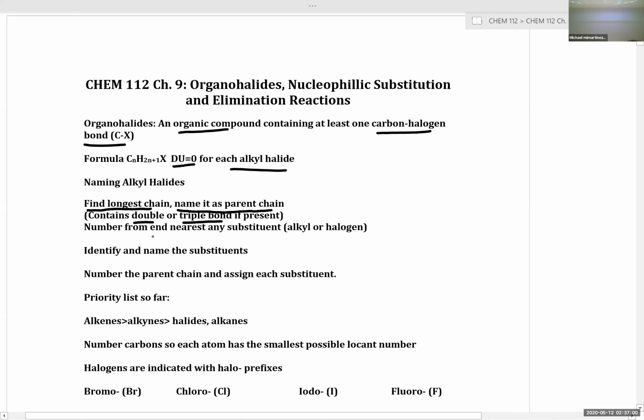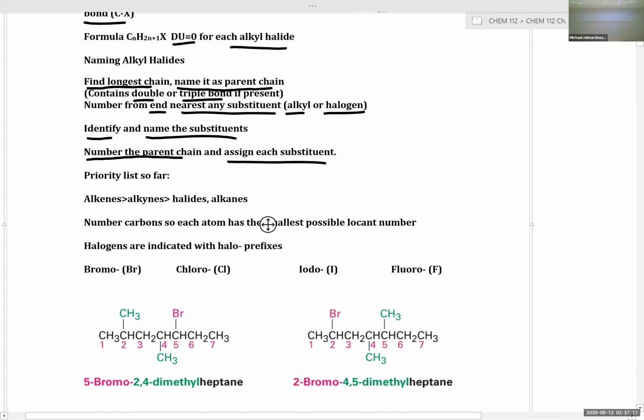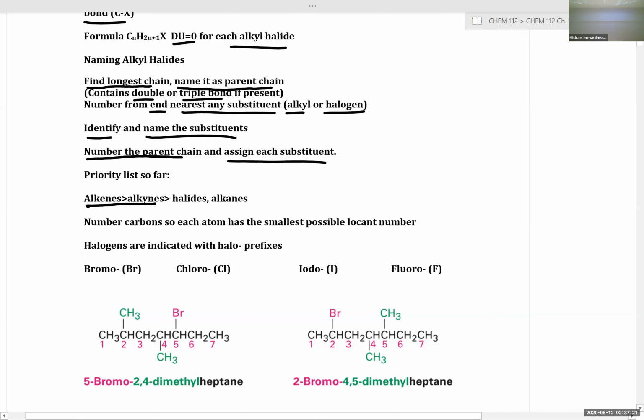You're going to number from the end nearest to any substituent, be it an alkyl group or a halogen. You're going to identify and name the substituents, and then you're going to name the parent chain and assign each substituent. So in terms of priority, alkenes and alkynes take priority over halides and alkanes in terms of numbering.